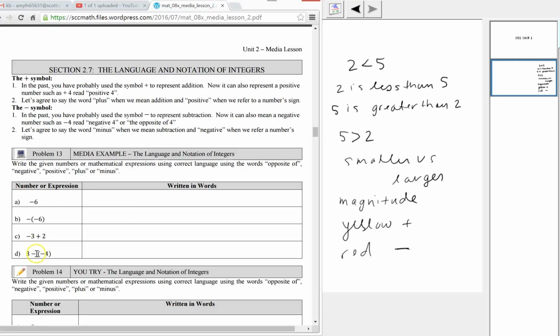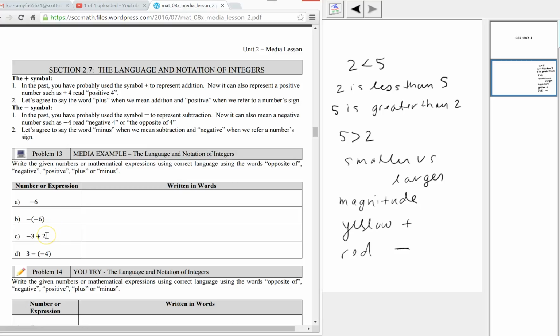Okay, and then here again, we haven't done operations yet, but we want them to start to see that this is not -3 plus 2, it's -3 plus 2, or it's not -3 positive 2. Okay, so you can see with that language, what would -3 positive 2 mean? Is that subtraction? In addition, this is also a positive 2, but we don't say that.